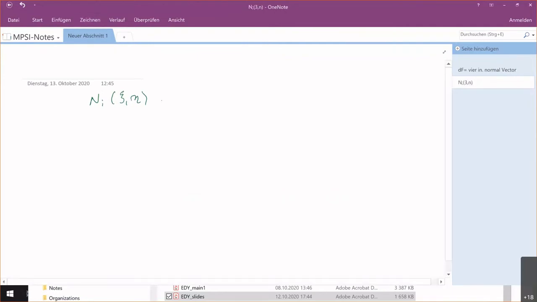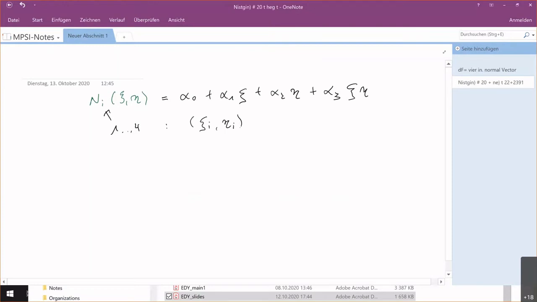So this is equal to the sum of alpha 0 plus alpha 1 psi plus alpha 2 eta plus alpha 3 psi eta. And we know I is going from 1 to 4, and for this we have the coordinates psi I and eta I. And that means we have here 4 unknowns.